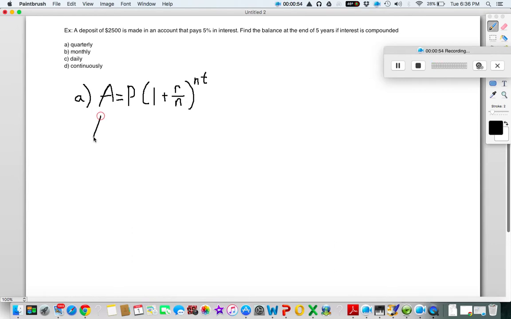So we can expect to have $2,500 times 1 plus 0.05, don't forget to change that to a decimal, over 4, because quarterly means that we are going to be compounding the interest 4 times per year, and then for 5 years.